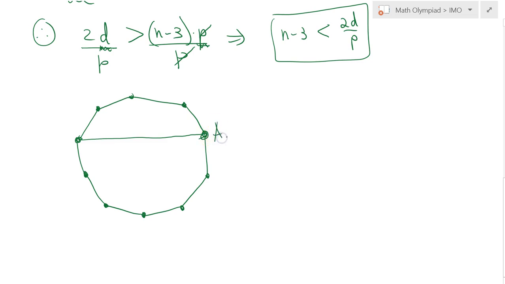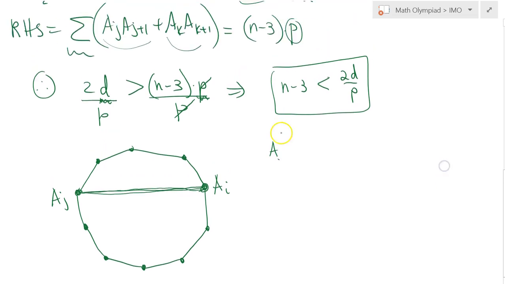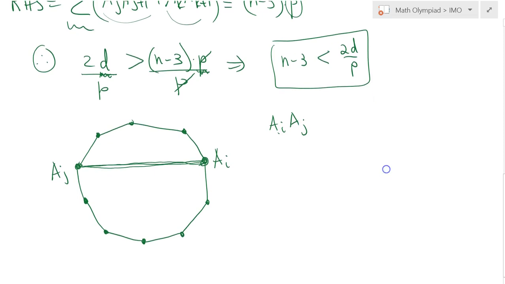Let's call this one a sub i, and this one a sub j. What I claim is that, using the triangle inequality again, a sub i a sub j is strictly less than the sum of these edges, or strictly less than the sum of these other ones.